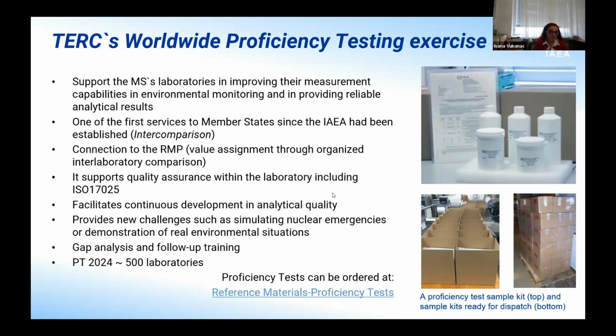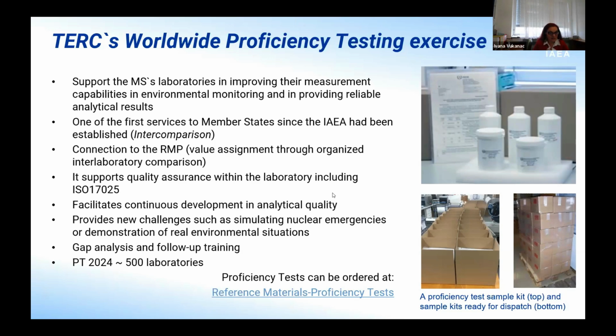Nowadays, in our proficiency testing exercise, we have gamma ray emitting radionuclides, measurements of beta and alpha emitting radionuclides, natural and artificial ones. Then we have trace element analysis in samples like water and matrix environmental samples.